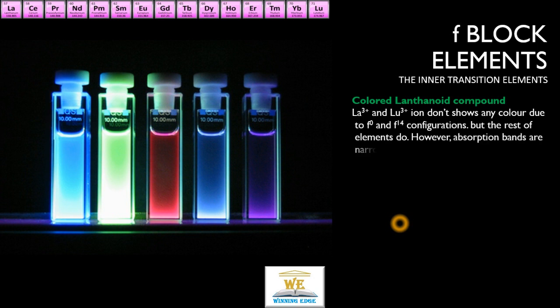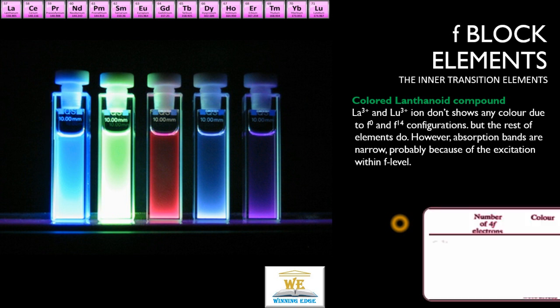We see colorful compounds from the lanthanoids, except lanthanum and lutetium 3 positive. In a few compounds we see the absorption bands are narrow because of transitions within the f level.